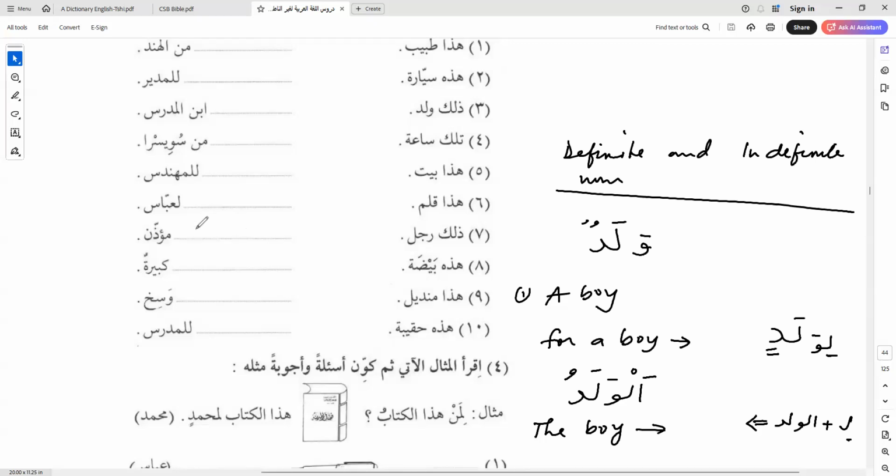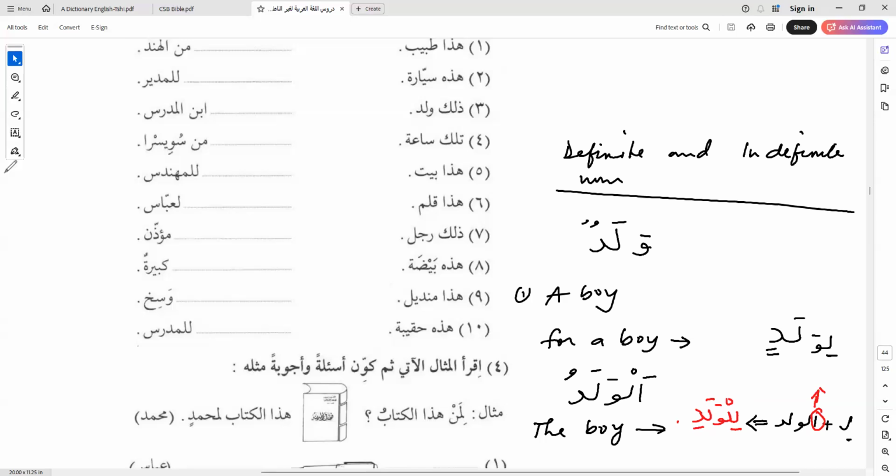If you want to attach li to a definite noun, you need to get rid of the alif al-wasl, the connective alif. When you get rid of it, you connect the li to the other lam. So you're going to have lil walad, lil waladi. Now here I have just one kasra. The vowel sign is just one, it's not double, because of the definite article al.